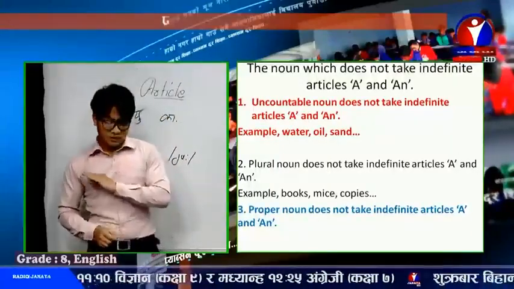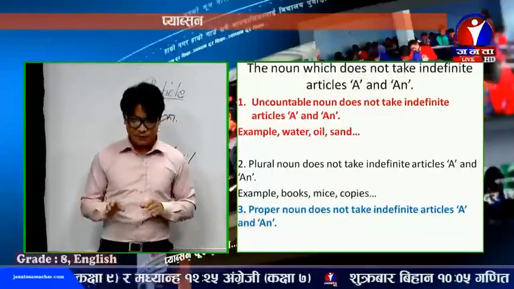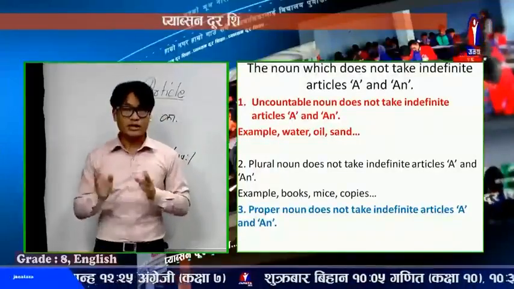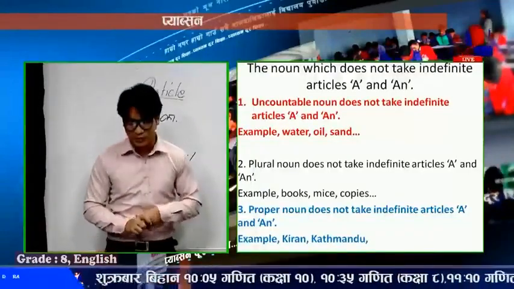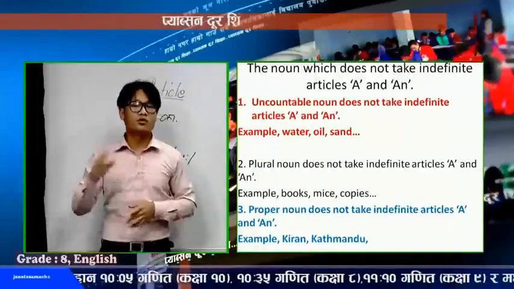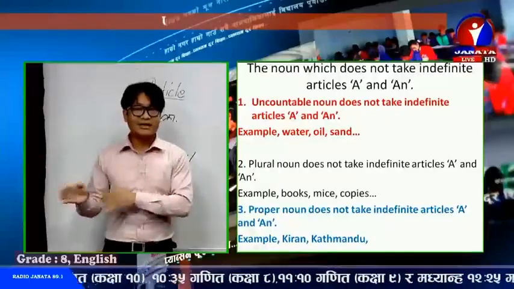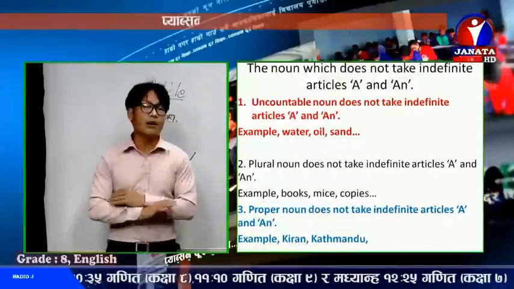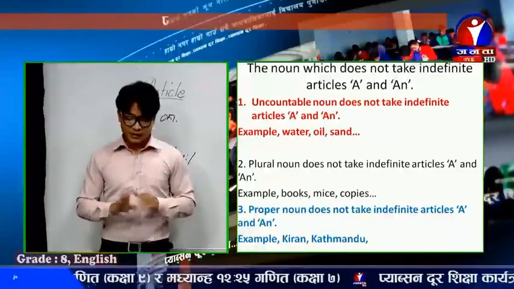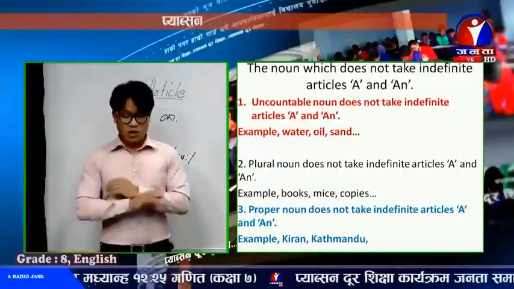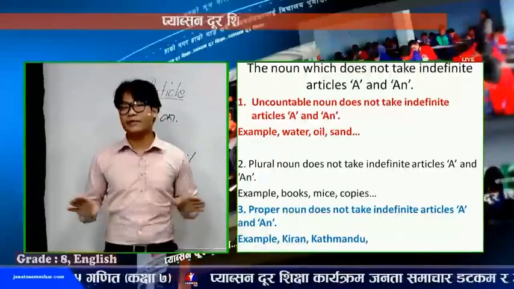Proper nouns do not take the indefinite article. A proper noun refers to the name of an individual. Examples are here: Kiran, Kathmandu, Tom, Sarala. These are proper nouns, and proper nouns do not take the indefinite article. So these are the nouns which do not take the indefinite article.